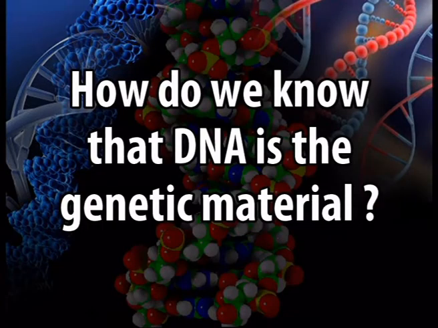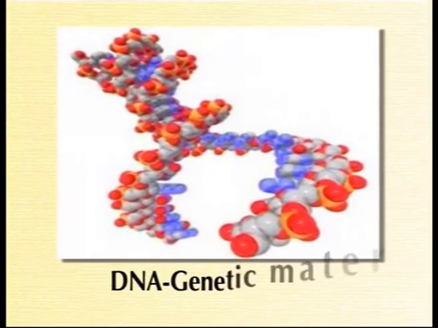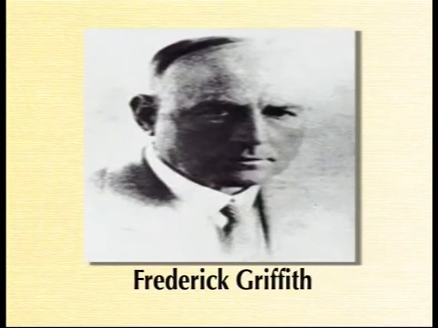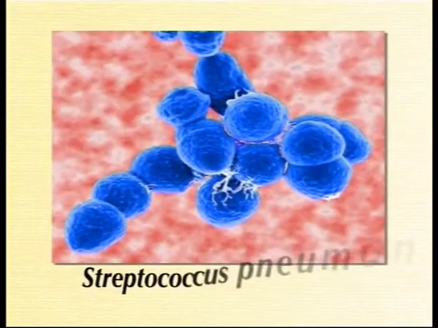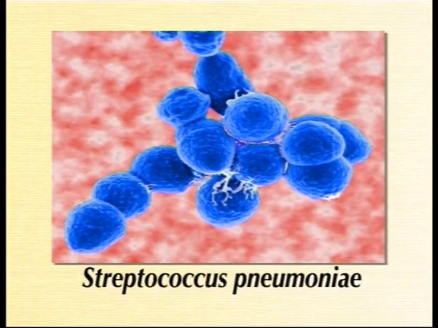A very interesting question again is, how do we know that DNA is the genetic material? What is the proof that we have? In fact, the demonstration of DNA as the genetic material is an interesting story, and it resulted from a series of classical experiments. The first classical experiment, which you quite often must be seeing in your textbooks, is the puzzling observation of transformation by Frederick Griffith in the course of his experiments on the bacterium Streptococcus pneumoniae in 1928.